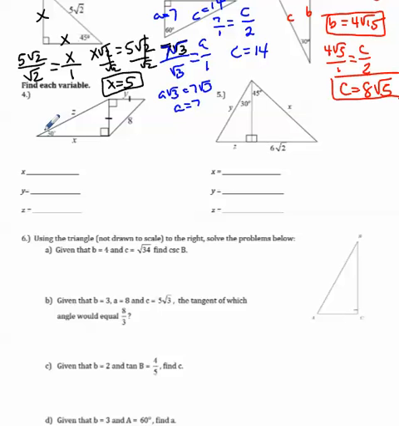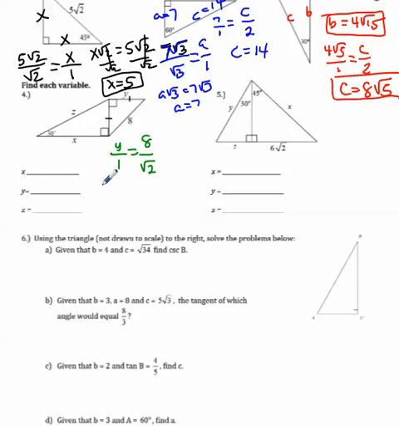Down here I have a lot of missing information. The side that I know is this one over here. I know this is 8, and that's the hypotenuse in a 45, 45, 90 triangle. I happen to know that both of these sides are the same, and I'm going to call them Y. So Y is my missing side, and in my parent triangle that side would be a 1. 8 is my hypotenuse, and in my parent triangle, that would be a root 2.